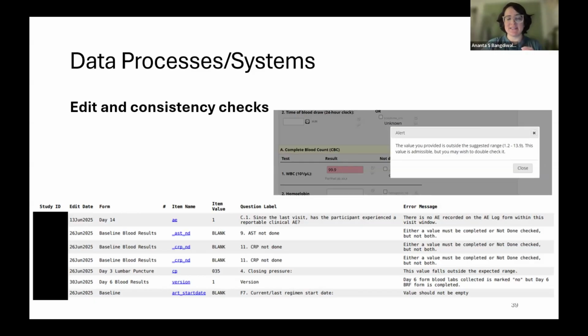So these edit and consistency checks either happen live right at data collection for an electronic data capture, or they happen later, if it's the kind of system where you're collecting on paper and then need to enter it later, or if it's something that happens across forms and the data management team needs to program it to detect.